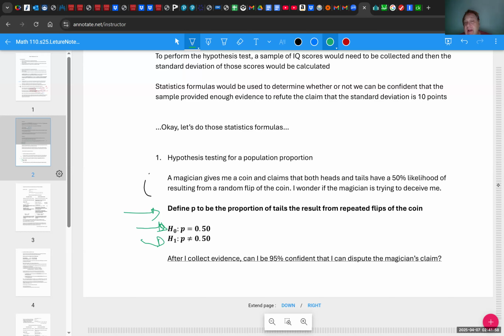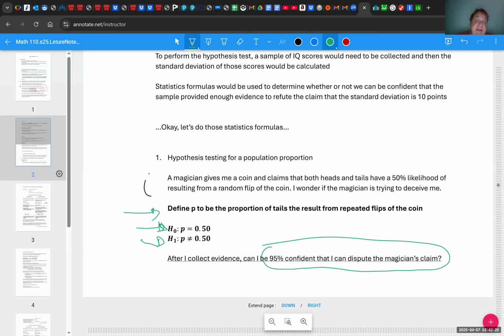All right, so I'm going to collect the evidence, and I want to see if I can be 95% confident that I can dispute the magician's claim. Before I collect the evidence, I need to state the confidence level that I'm looking for. So after I collect the evidence, I'm asking, can I be 95% confident that I can dispute the magician's claim?